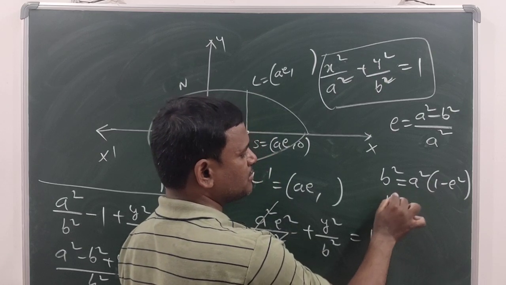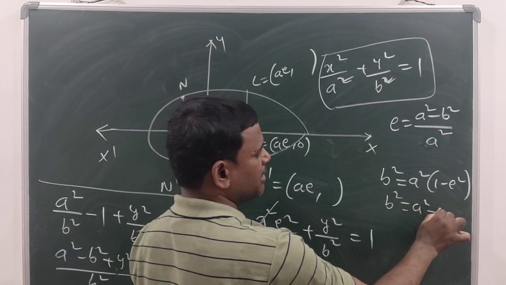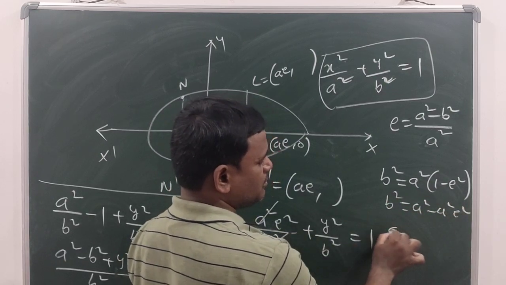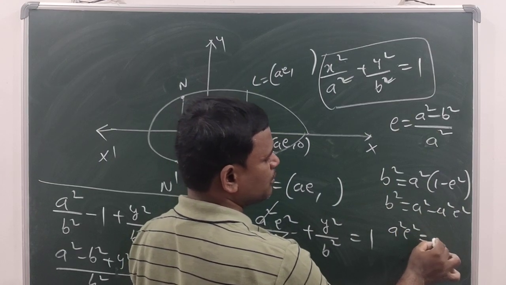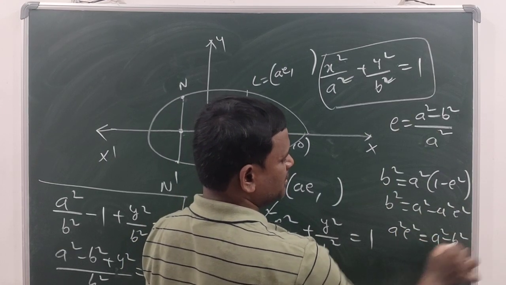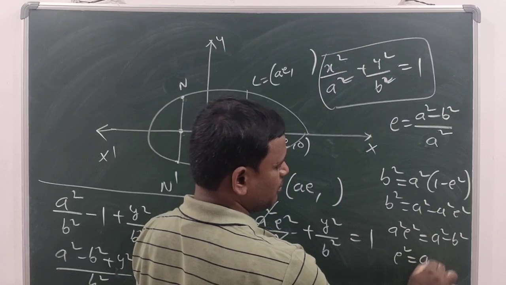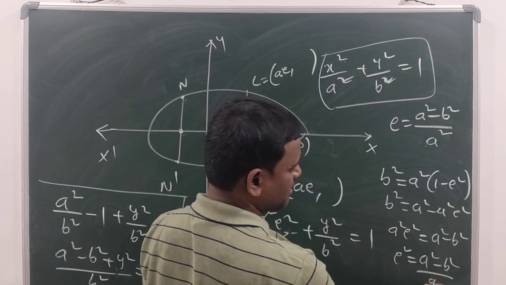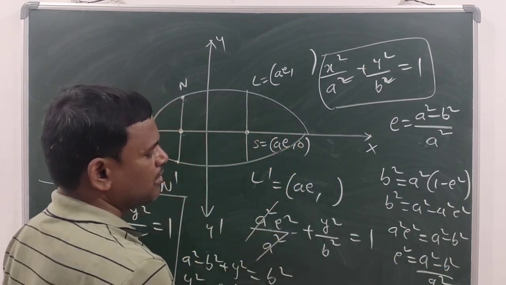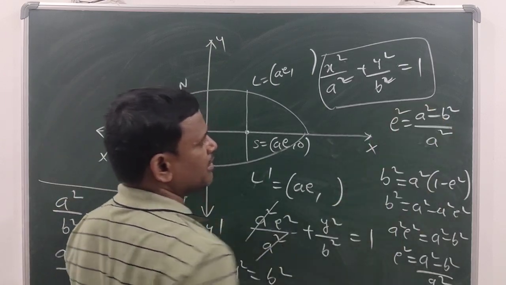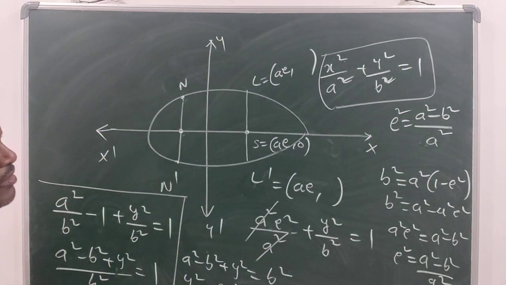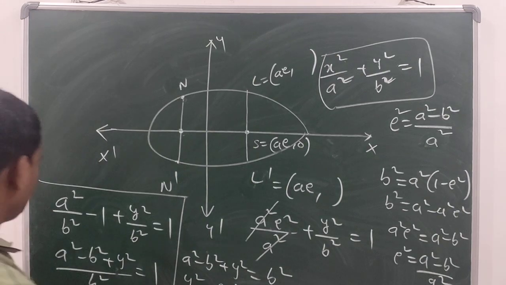Now simplify this. So b square is a square minus a square e square. So a square e square is equal to a square minus b square. So e square is equal to a square minus b square by a square.